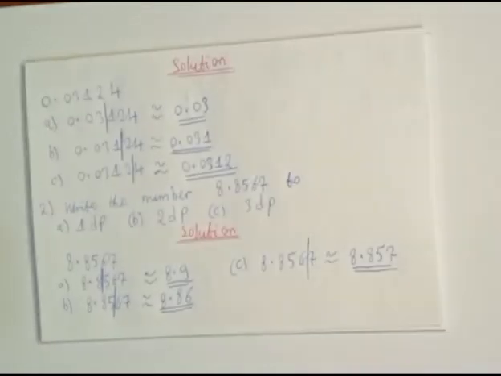Let's move now to B, which is approximating to a specified number of significant figures.